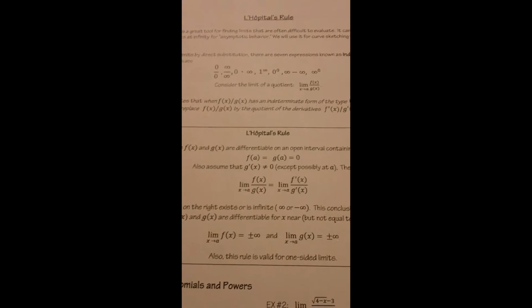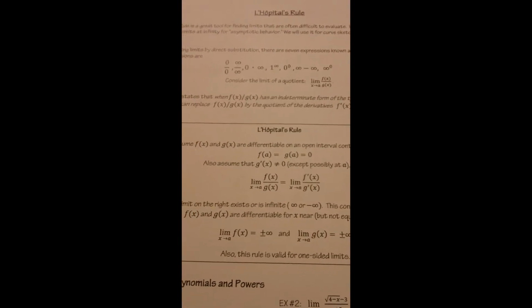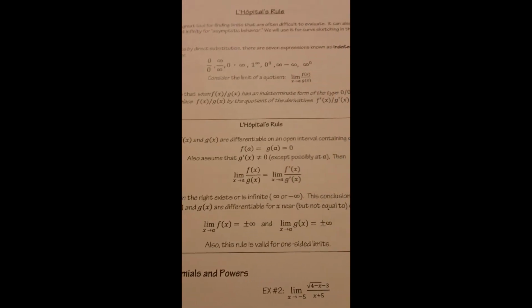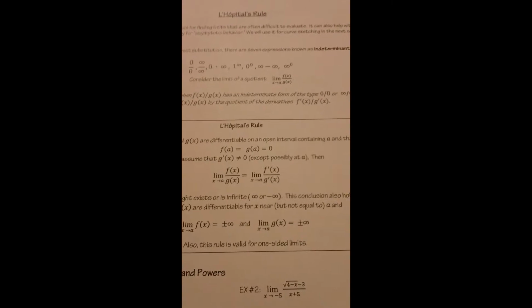L'Hopital's Rule states that when f of x divided by g of x has an indeterminate form at x equal a, then we can replace f of x divided by g of x by the quotient of the derivatives, f prime divided by g prime, which is exactly what this next box is saying.